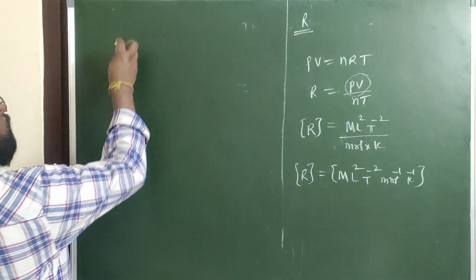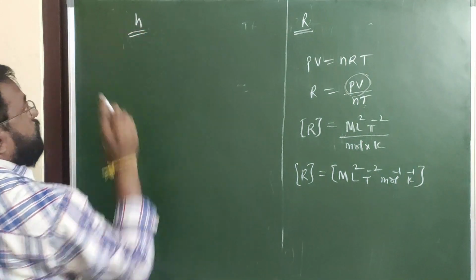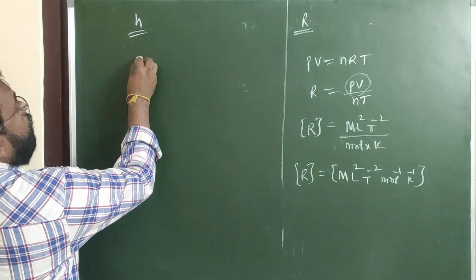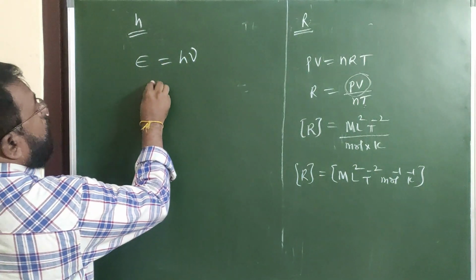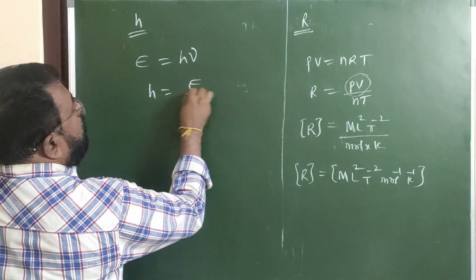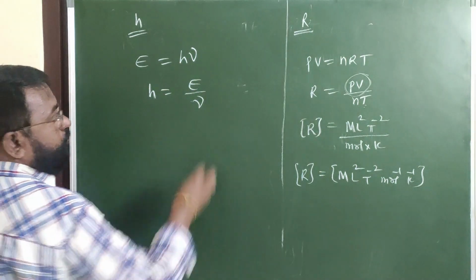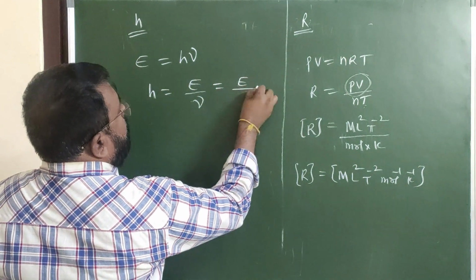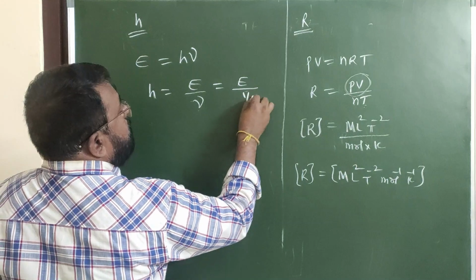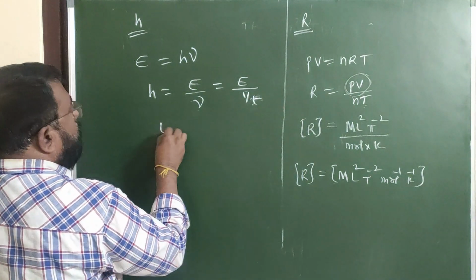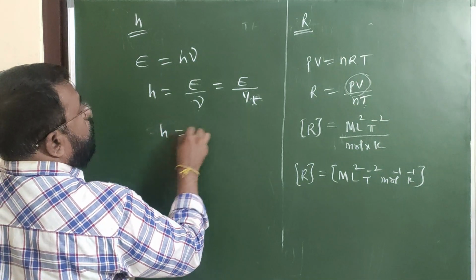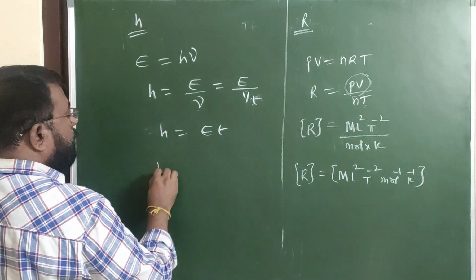Like that, Planck's constant h. E is equal to h nu. Therefore, h is equal to E by nu. Nu is the frequency, this is 1 by time. Therefore, h is equal to E into t.